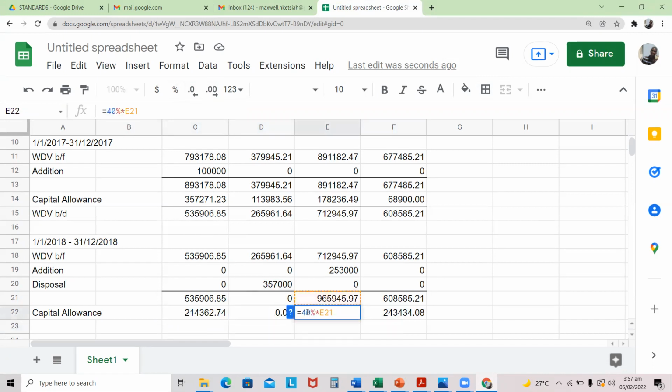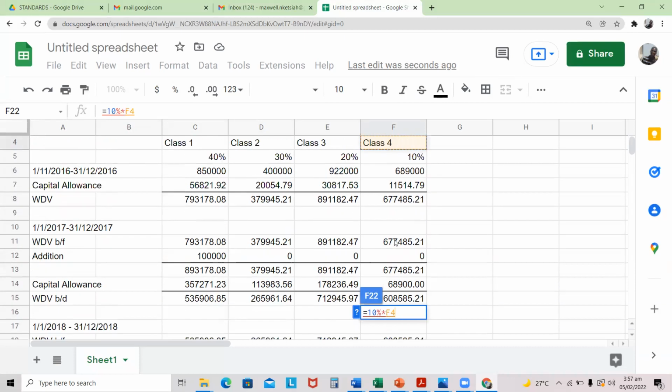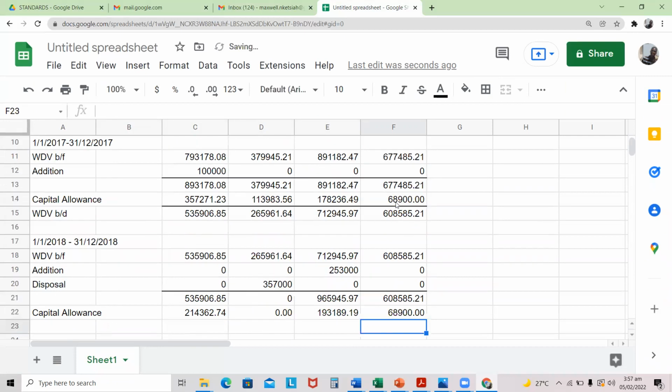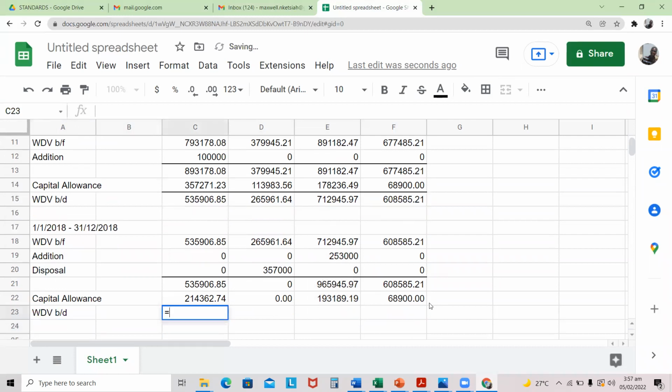This is 20%. And this one is 10% on the original because it's a straight line. Okay. So writing down value brought down, so you subtract.